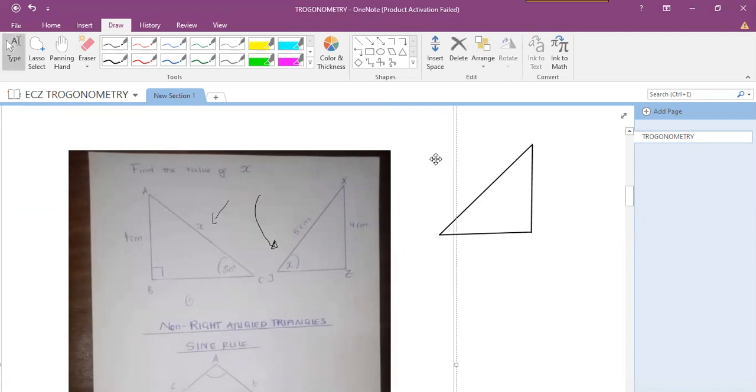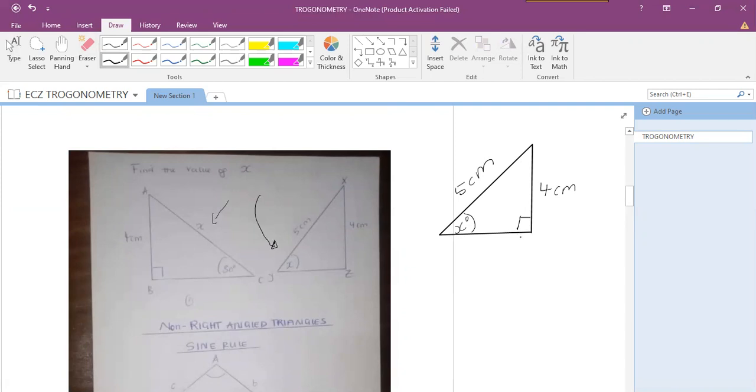Oh, yeah, there we are. Okay. So let's draw this. So this is 90 degrees there. This is 5 centimeters. This is 4 centimeters. And this is x degrees there.